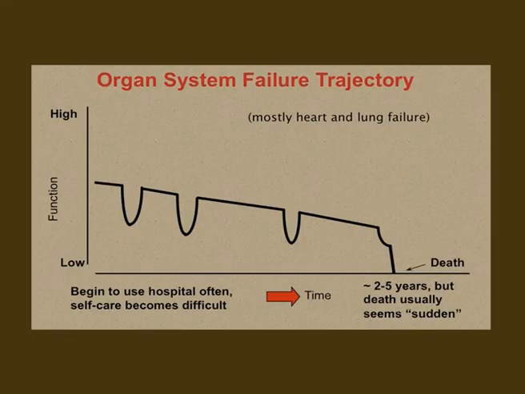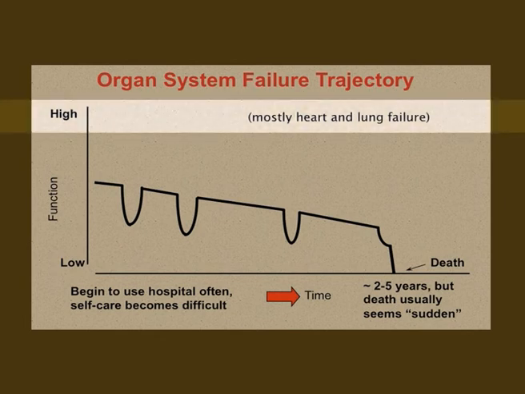Now, going to another example, in the next slide you can see the organ system failure trajectory. Here, patients suffering from heart and lung failure come under this category. As you can clearly see in the graph, initially the functioning level of the person is high, but then there is a sudden decline.